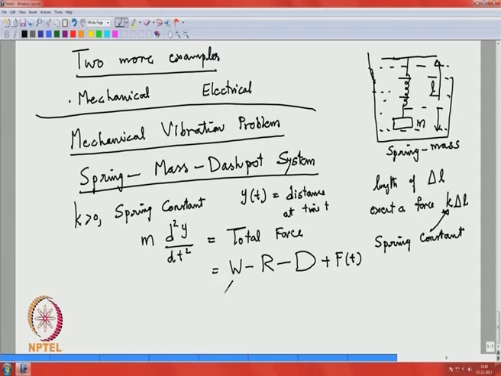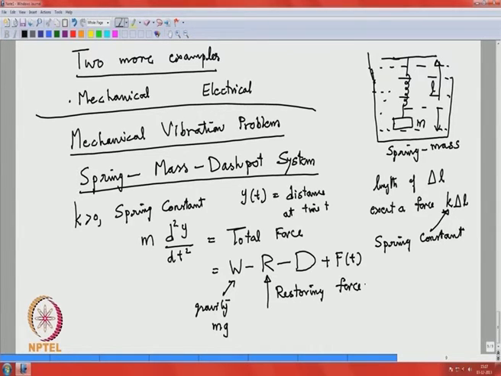Okay. So, this is due to gravity, that is nothing but your mg, and then you have the restoring force. How do you compute that one?